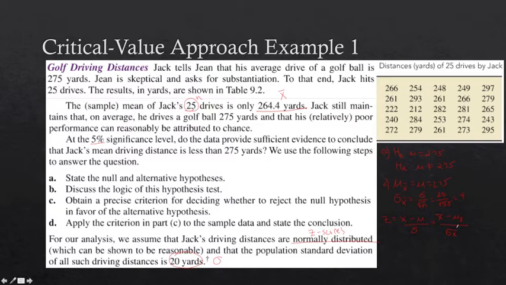So our standardized formula for this problem is going to be x bar minus 275, because that is our mean that we're looking for, all over the standard deviation of the sample means, which is 4.